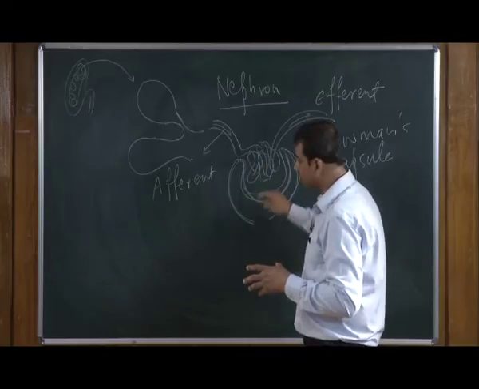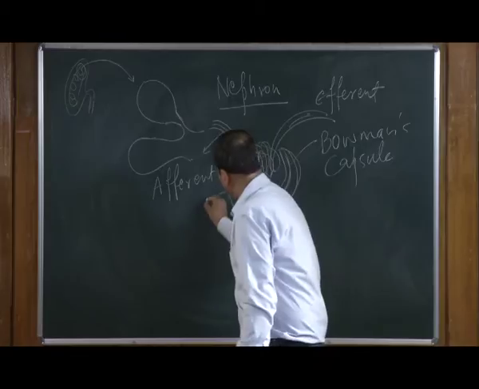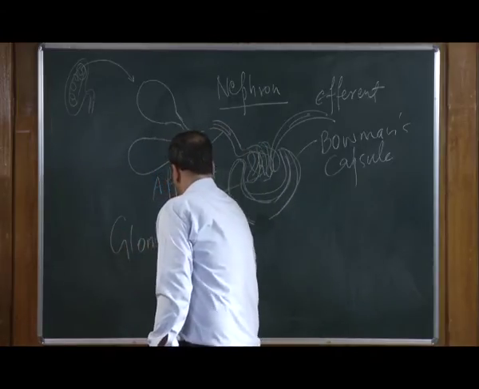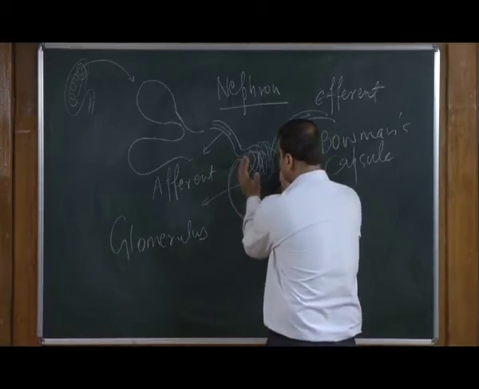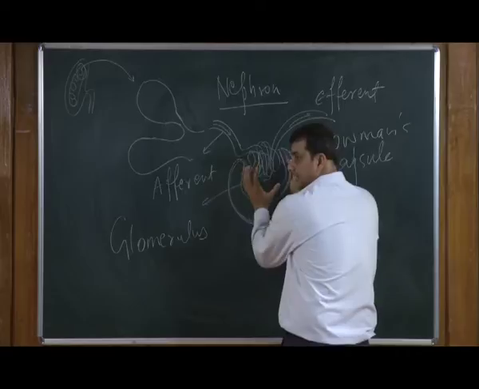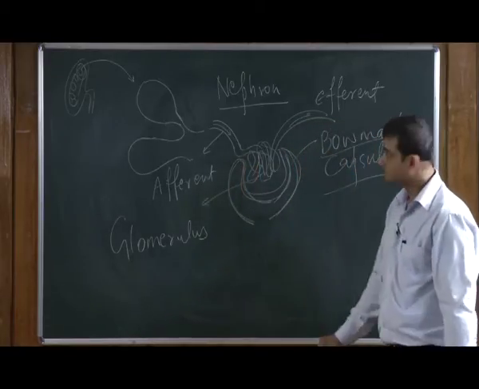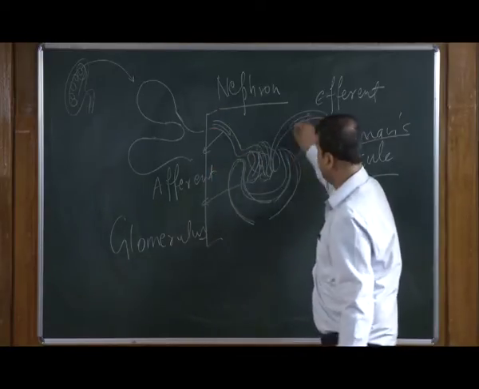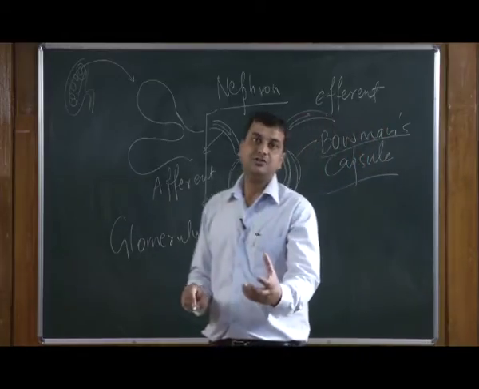The meshwork of these capillaries is called the glomerulus, and the glomerulus sits in the base material called Bowman's capsule. And this whole structure, including afferent, efferent, glomerulus and Bowman's capsule, is called the Malpighian body.